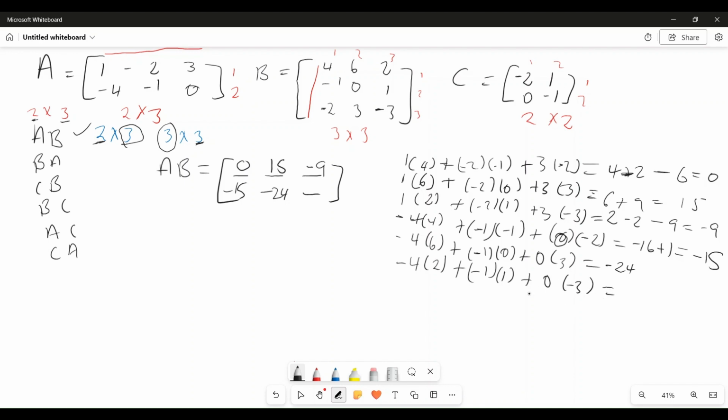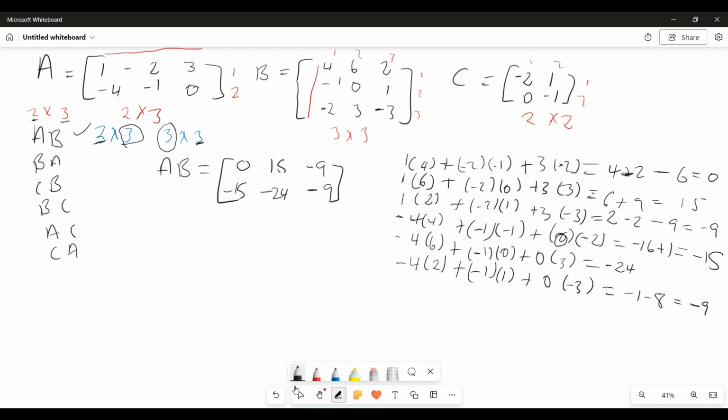This falls away, then minus 1 by 1 just gives us minus 1, then minus 4 by 2 gives us minus 8. So this simplifies to minus 9. So on that entry there, we're also going to find minus 9.